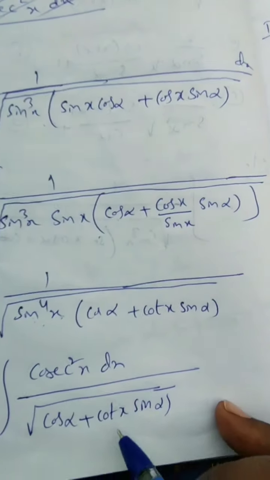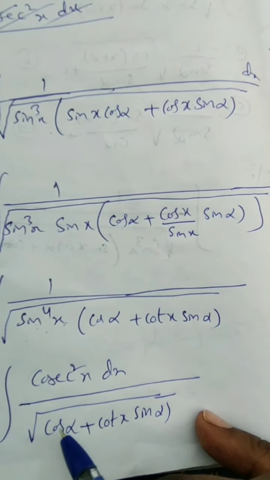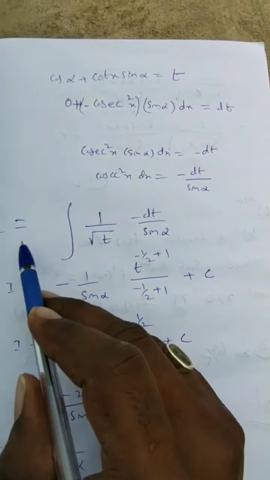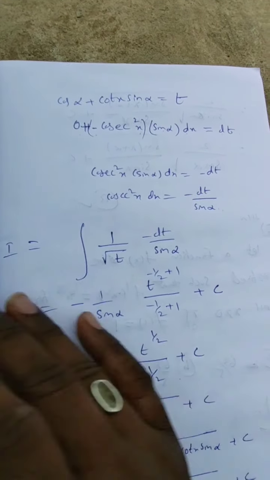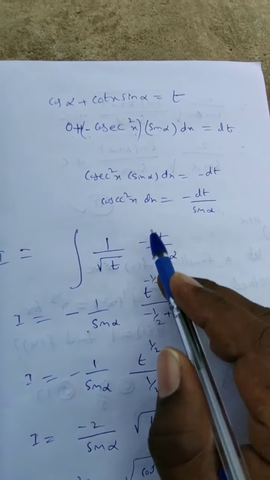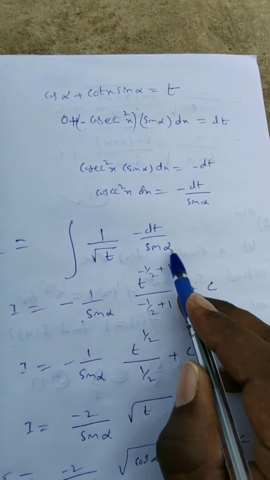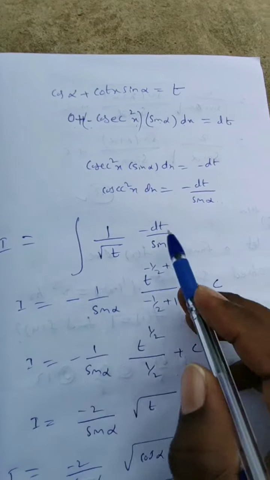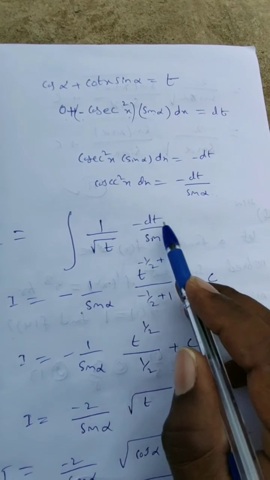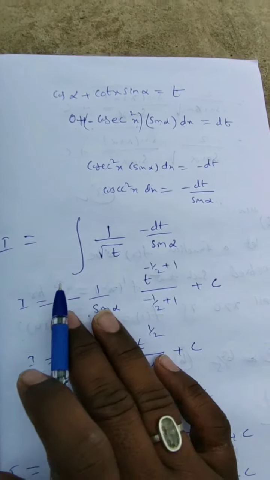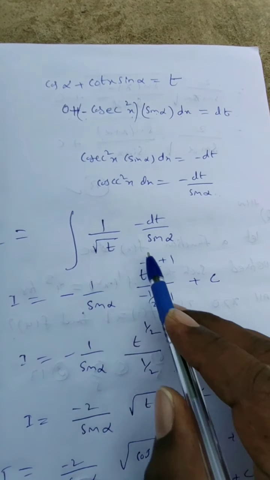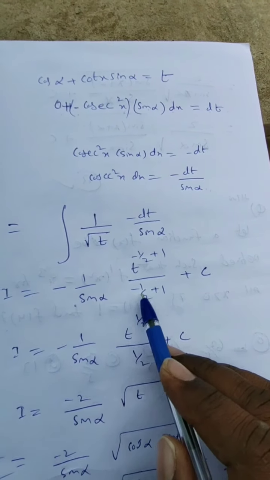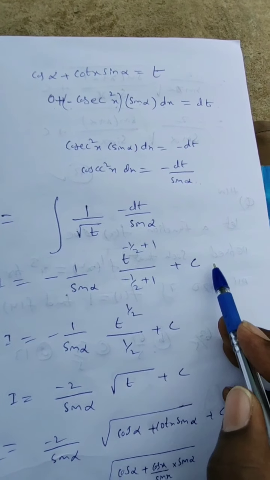Now cosec square x dx is replaced with minus dt by sine alpha, and since I took t, the denominator becomes root t. So I is equal to 1 upon root t times minus dt by sine alpha. Sine alpha is a constant and comes out: minus 1 upon sine alpha, t power minus 1 by 2 plus 1 upon minus 1 by 2 plus 1, plus c.